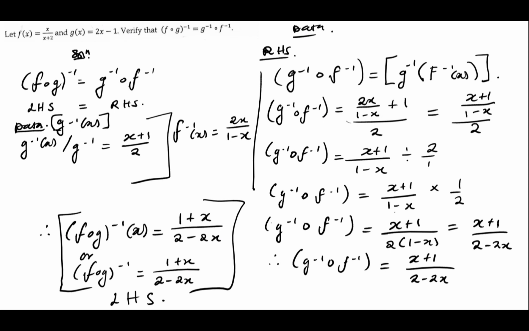No, it's the same thing, literally the same thing. So this implies that we're having 1 plus x over 2 minus 2x being equal to the same thing, which is 1 plus x over 2 minus 2x, which means that this particular function in question has been verified.